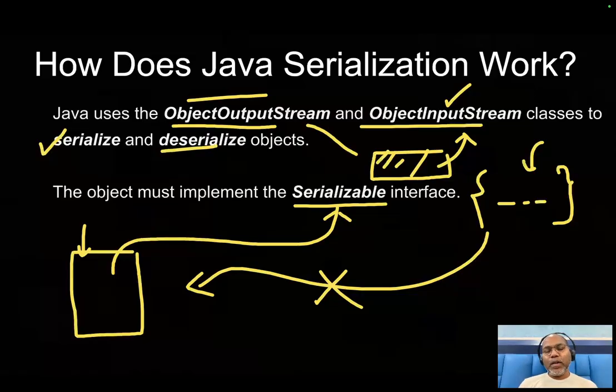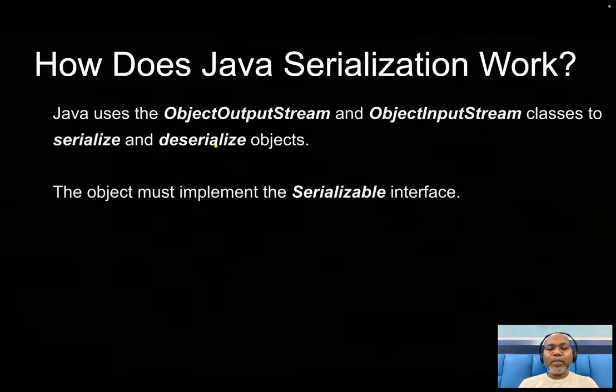These are the inbuilt classes provided by the JVM for us. In today's whole session, mostly we are going to talk about ObjectOutputStream and ObjectInputStream for serialization and deserialization. And the object you are going to serialize must implement the Serializable interface.